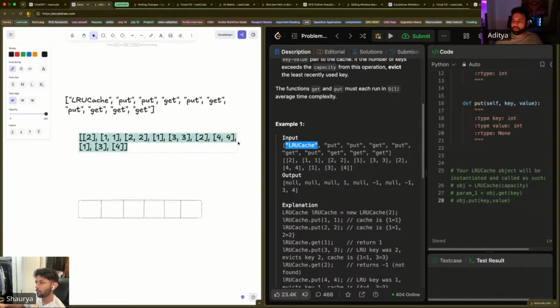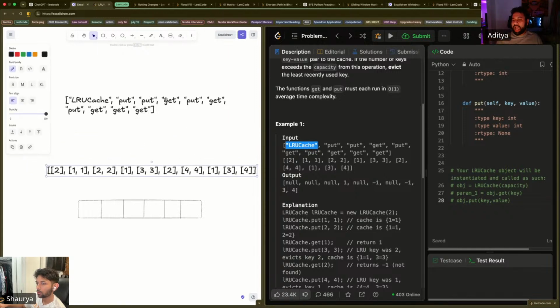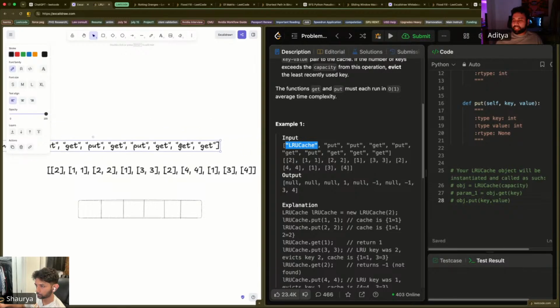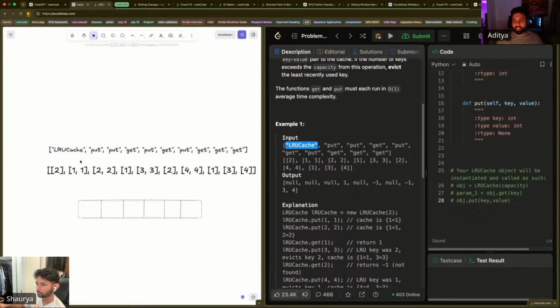This is what their goal is: you have to create a cache that acts like this. Now you have to use multiple data structures. There are a lot of ways that you can solve it, right? So I solved using dictionaries. I'm going to show you that, but the proper way, if we go with that, is going to be linked list and doubly linked list, right?